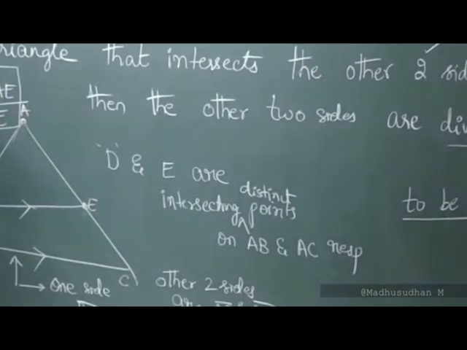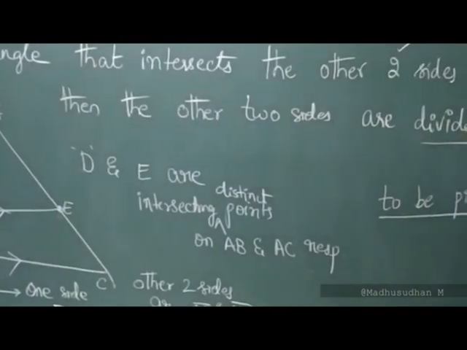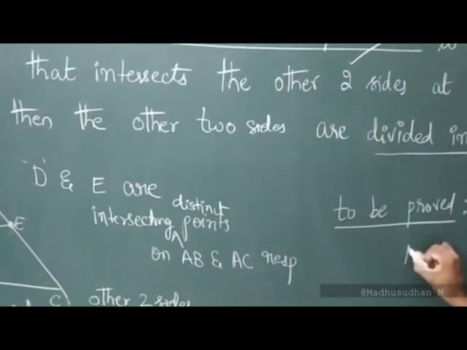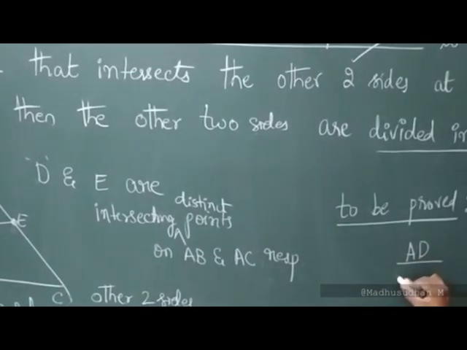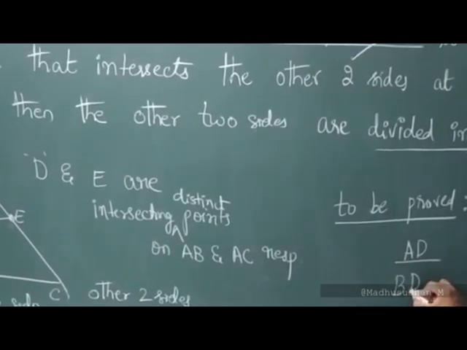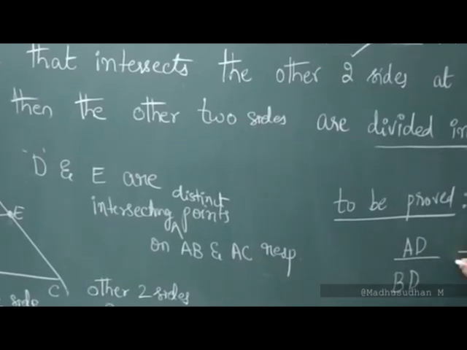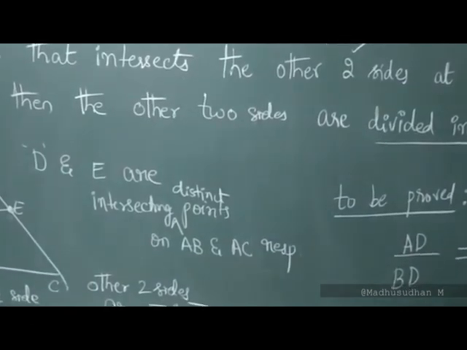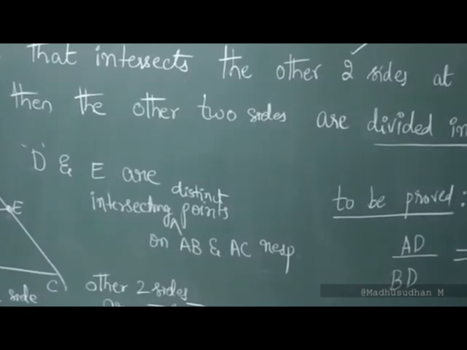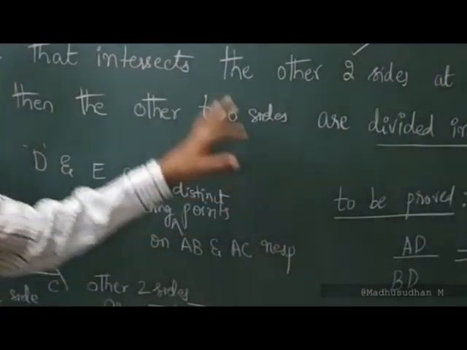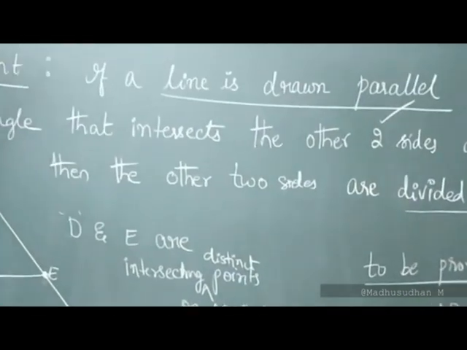So we need to prove this part. They are divided in the same ratio. So looking at the diagram, A to D by B to D, this ratio should be equal to A to E divided by C to E. So this is to be proved for BPT, the basic proportionality theorem.